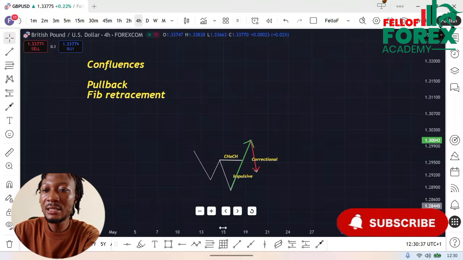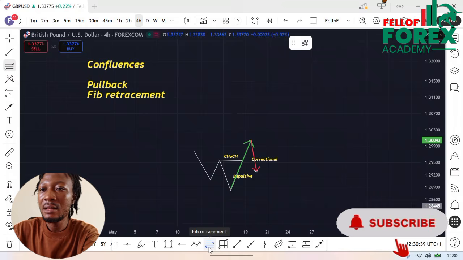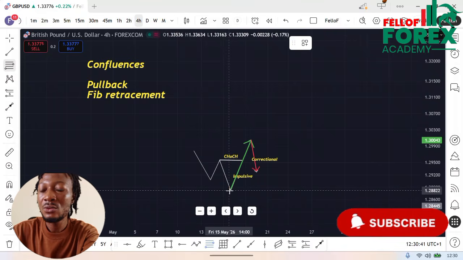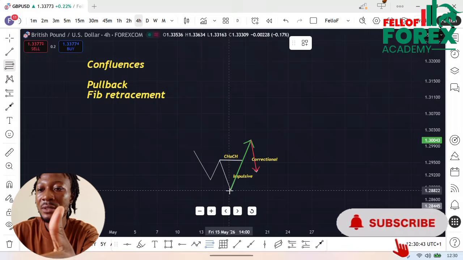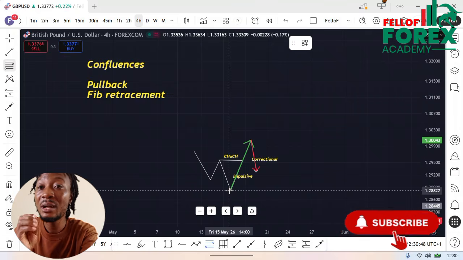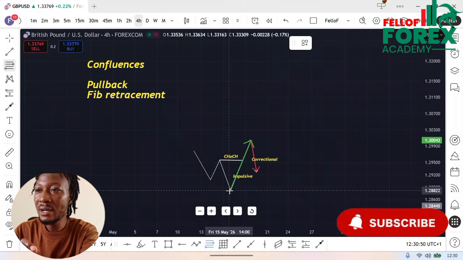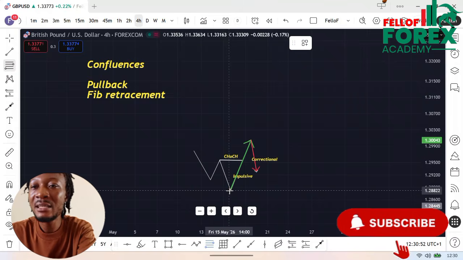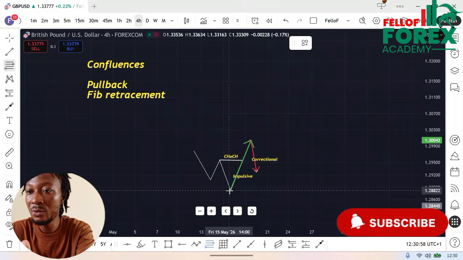I have a video on how to use TradingView on your phone, and I'll make a complete tutorial on how to use TradingView on your laptop or computer, for you guys who are starting up and maybe are finding it difficult.